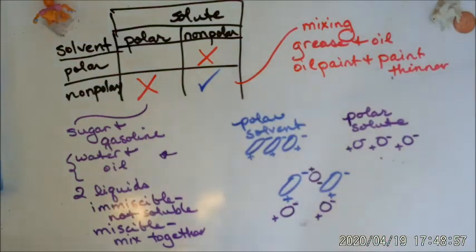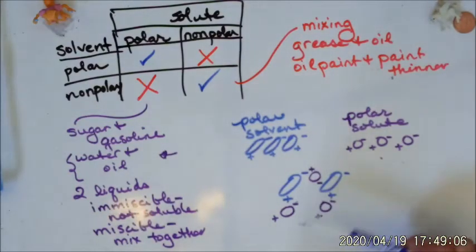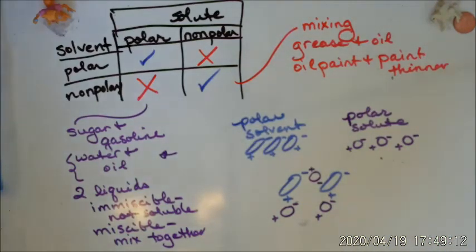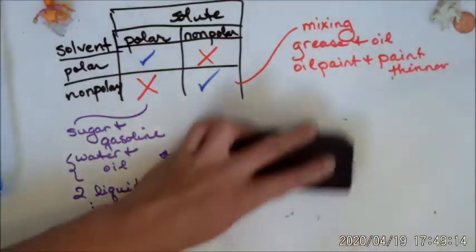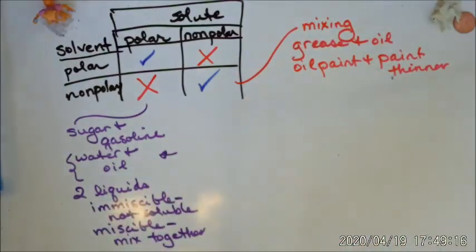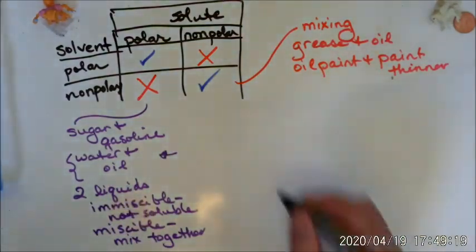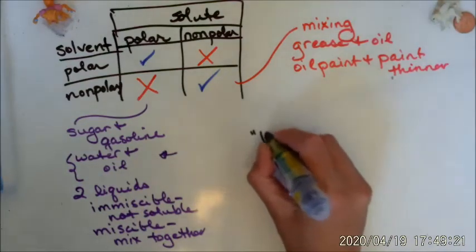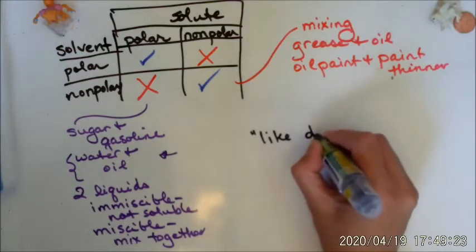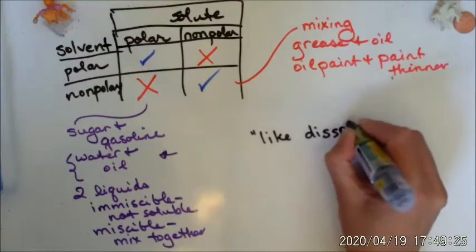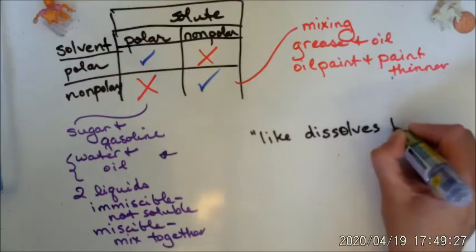So it turns out if I have a polar solute and a polar solvent, based on our understanding of intermolecular attractions and interactions, we would find that this is still favorable. Which leads us, of course, to the statement that like dissolves like.